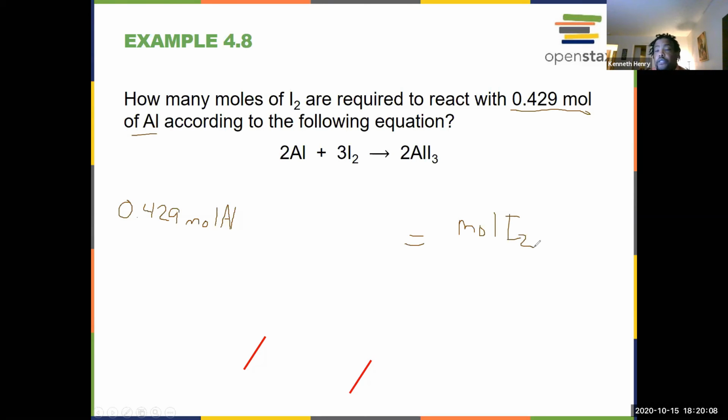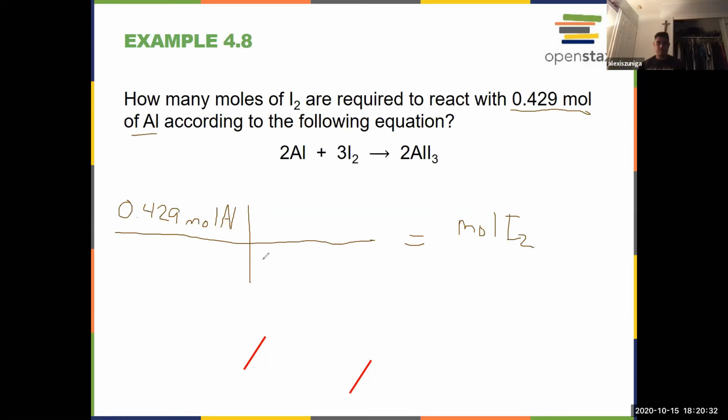Okay, so what am I going to use to get from moles of aluminum to moles of I2? Your mole ratio. So what is my ratio? 2 to 3. So 2 on the bottom or 2 on top? 2 on the bottom.